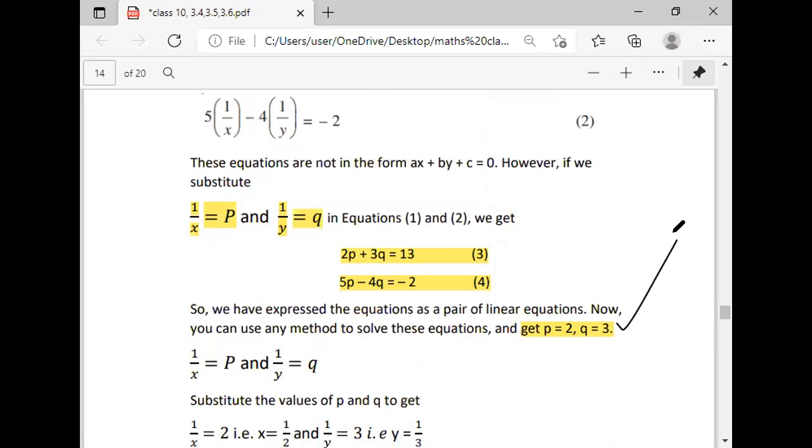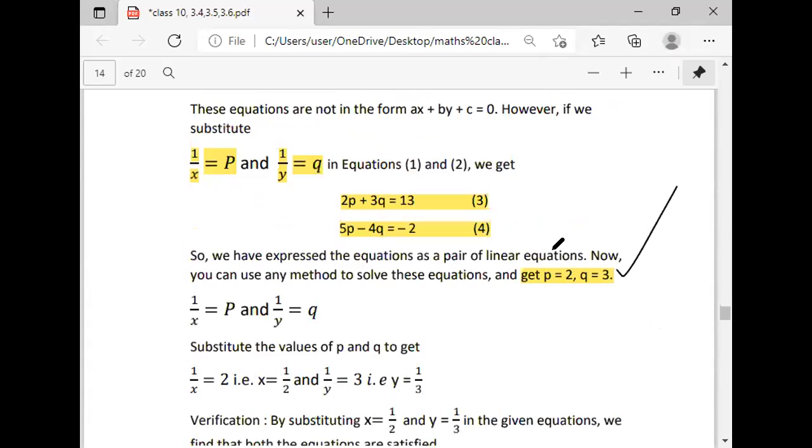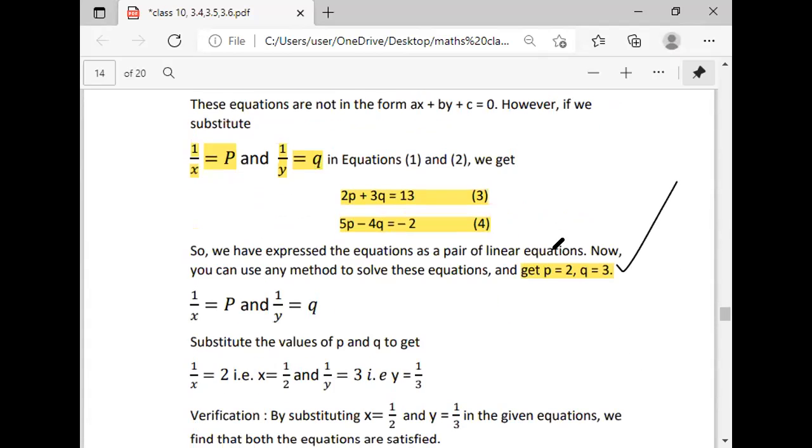If you are stopping till here, because see, in our question, were there any variables having name p and q? No, sir. Only x and y were there. We introduced new variables p and q. So it is our duty to convert the p variable and the q variable in terms of the variables given in the question.